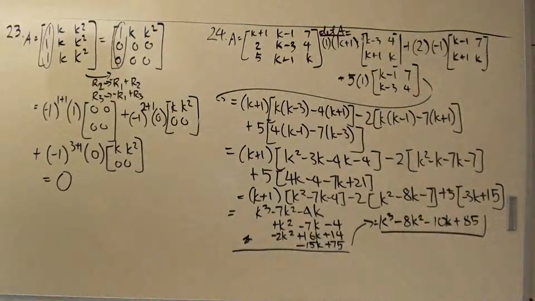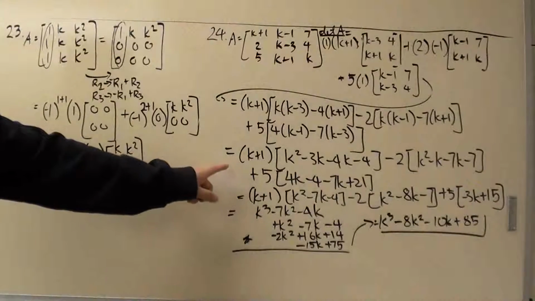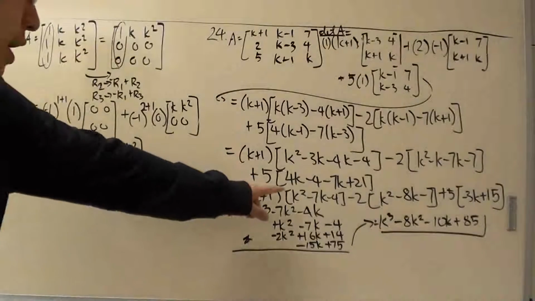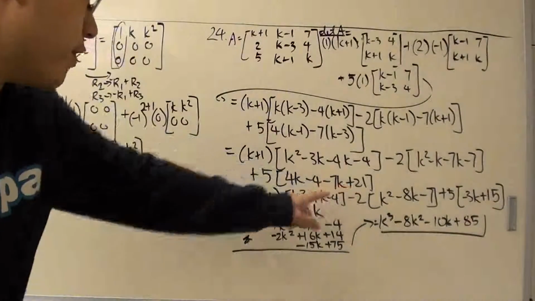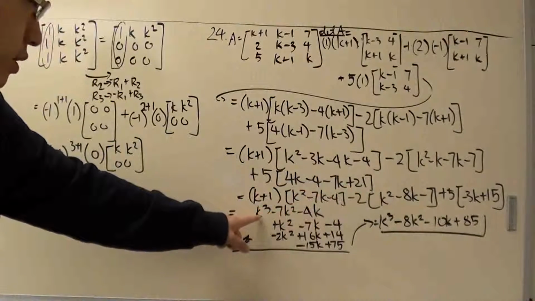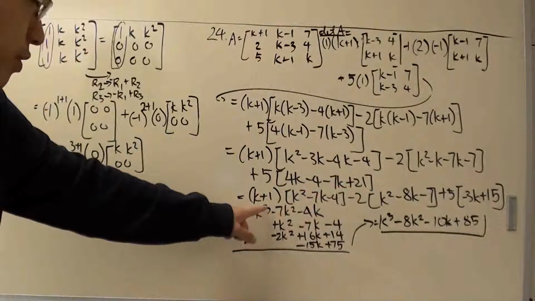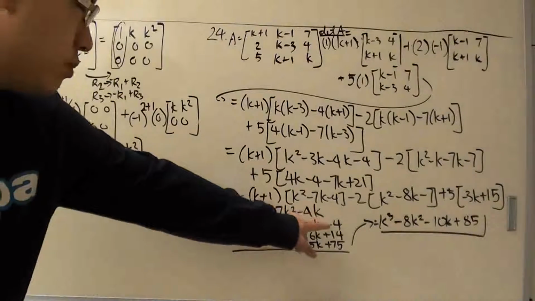One of the tips that I got from Digby is that once I got here, basically I have all this, and then I'm going to simplify further. I actually lined it up like this: anything to the power 3 goes in here, anything to the power 2 goes here, anything to the power 1, and just constants.